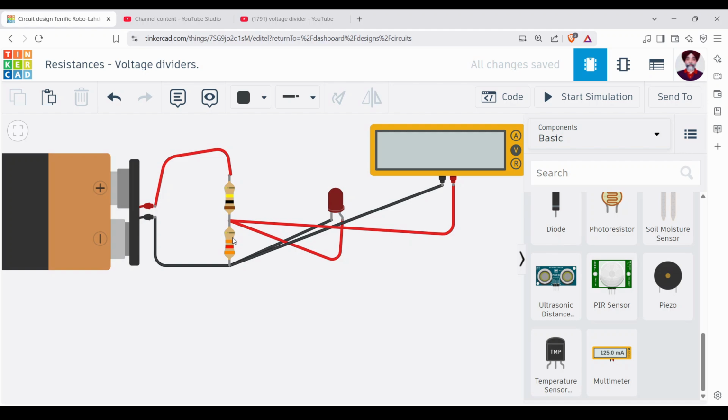So you can see that we can divide the voltage across resistances. By increasing or decreasing these resistances, we can change the voltage which goes across this particular resistance. We can do the calculations, and yes, the results here might come a little up or down, but the basic idea you have received now. This is how we divide the voltage across resistances.